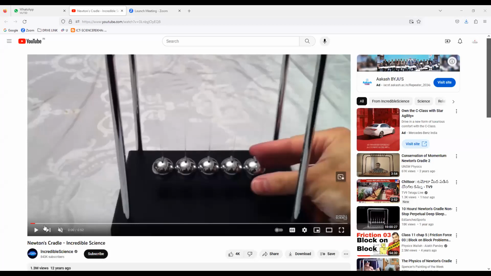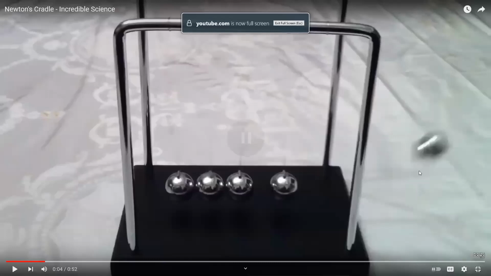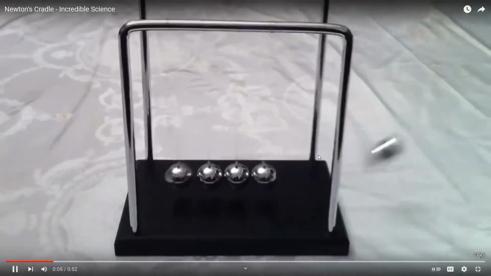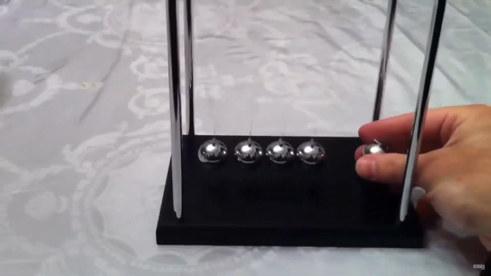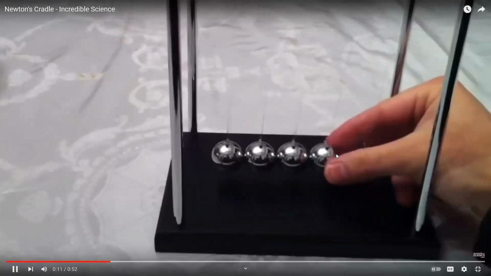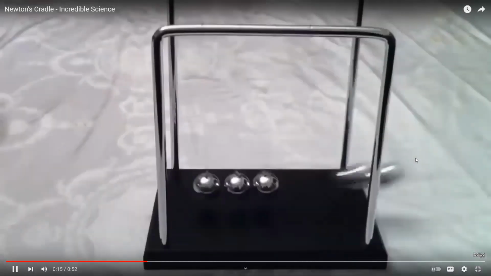You can notice here. This is the video which is happening. You can see now he's hitting with how many balls? Only one ball. And you can see that the law of conservation of momentum, we can prove it. One ball is now stopping. Now you can take two balls and keep on hitting.